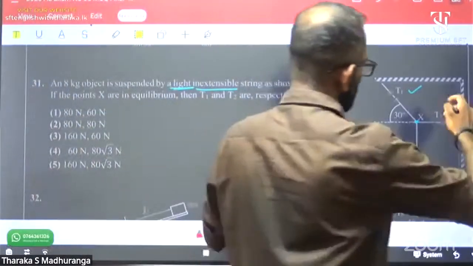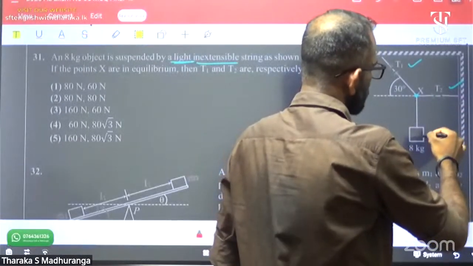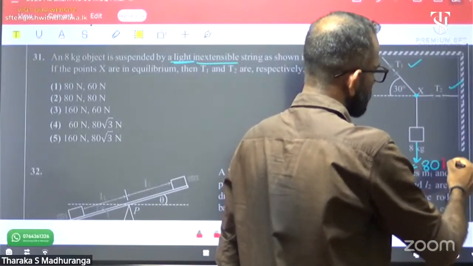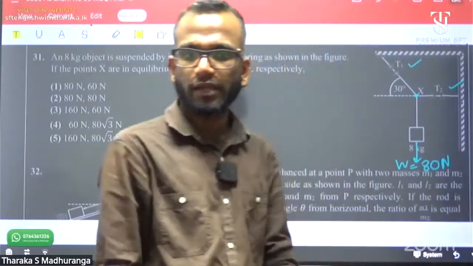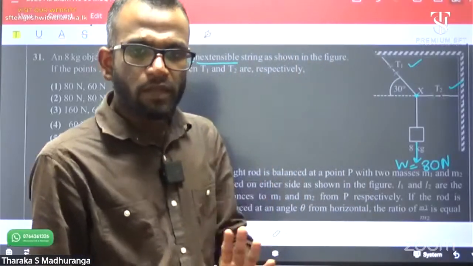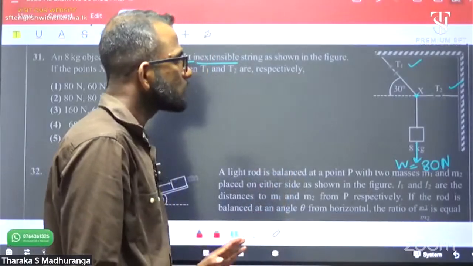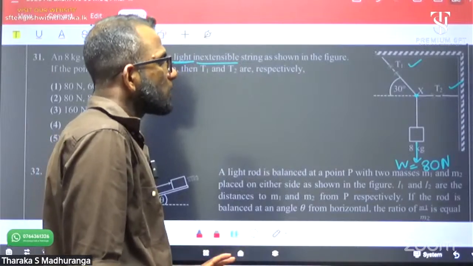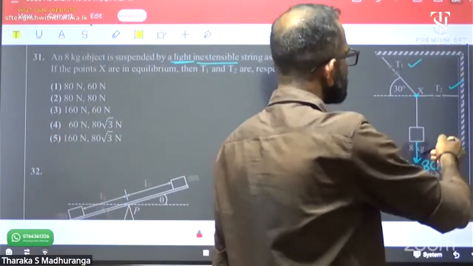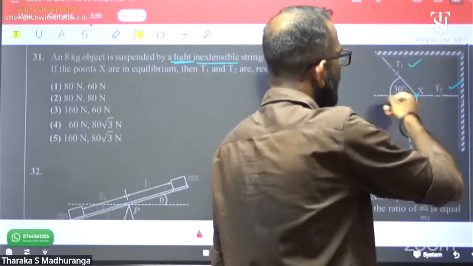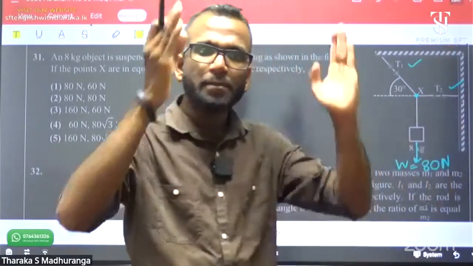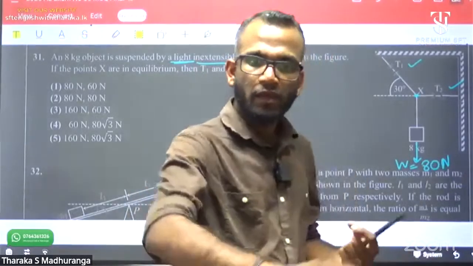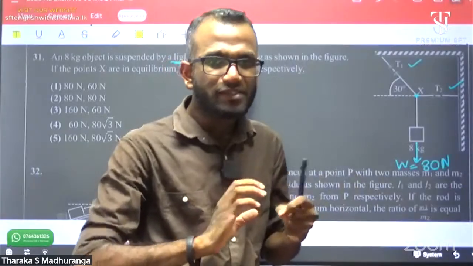Now, the weight of this object, if it is 8 kilogram, the weight equals 80 Newton, right? Therefore, if it is a balanced system, both horizontal and vertical axes are in equilibrium, with no resultant force on either axis.